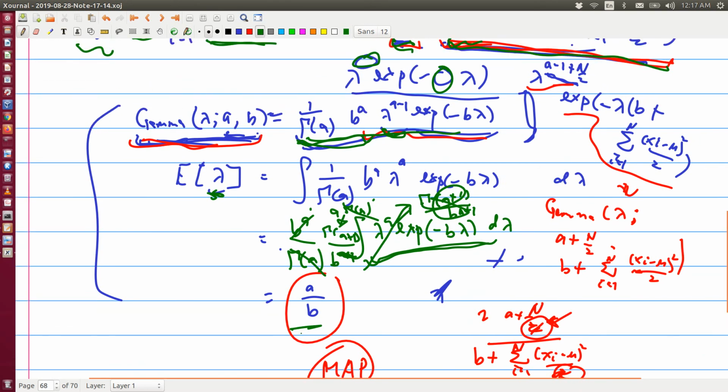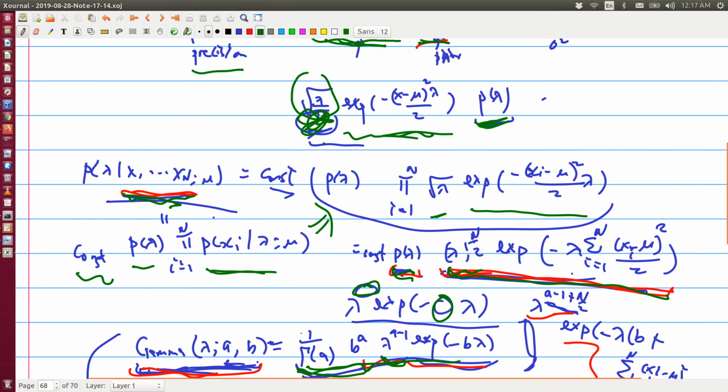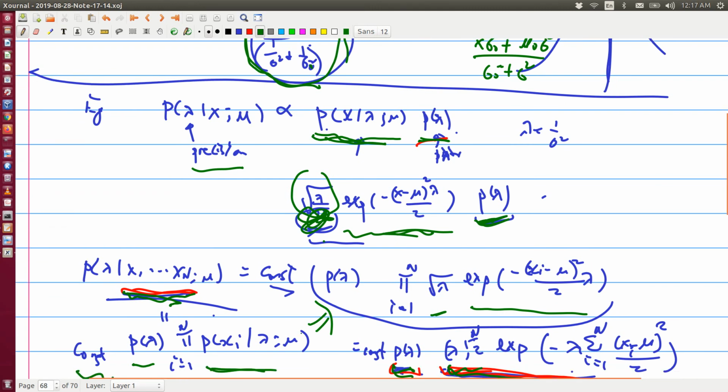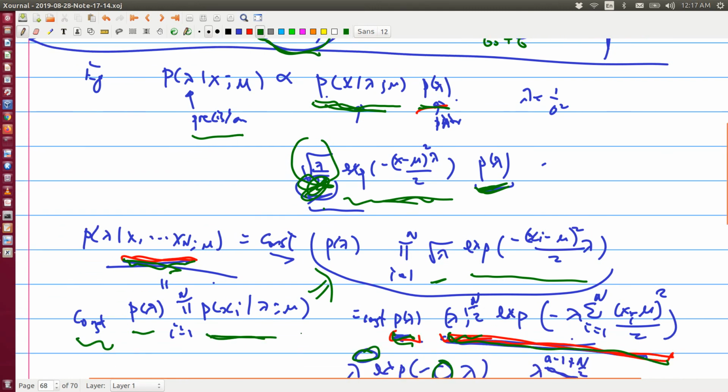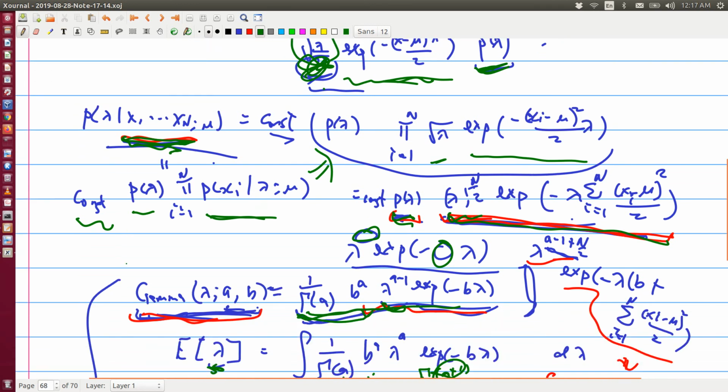So then with this, we can do Bayesian estimation, right? Bayesian inference. Now, for example, if we have n observations like this, and let's say I have that conjugate prior, the parameters for the gamma distribution are exactly a and b here.